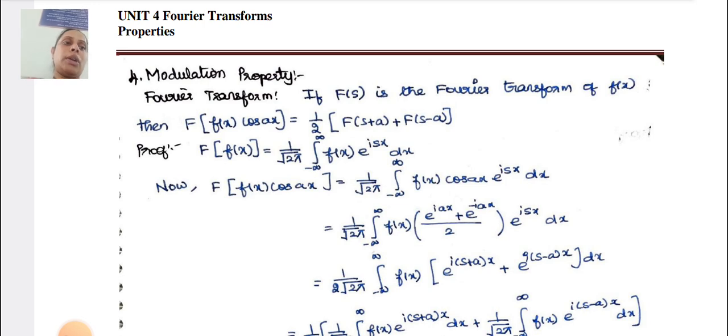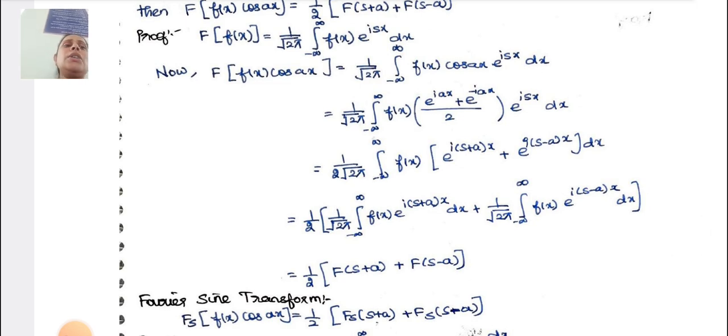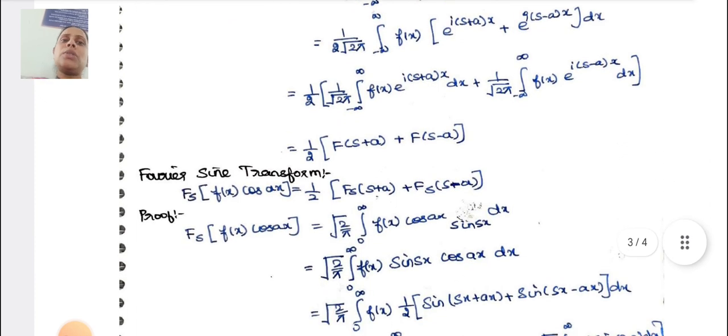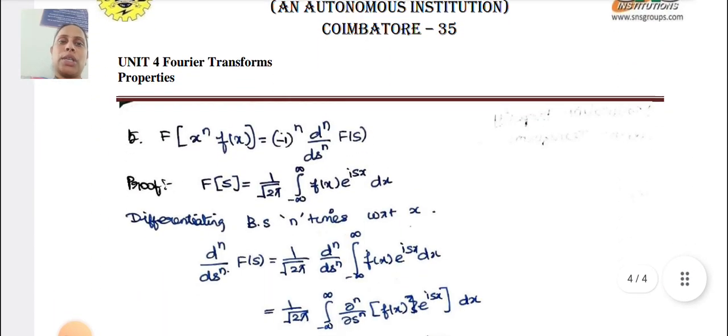We take 1 by 2 outside, so e power i, instead of s we write s plus a, then we split the integral. So this is the formula, 1 by 2 of F of s plus a plus F of s minus a. Similarly we want to prove the Fourier sine transform and the Fourier cosine transform.